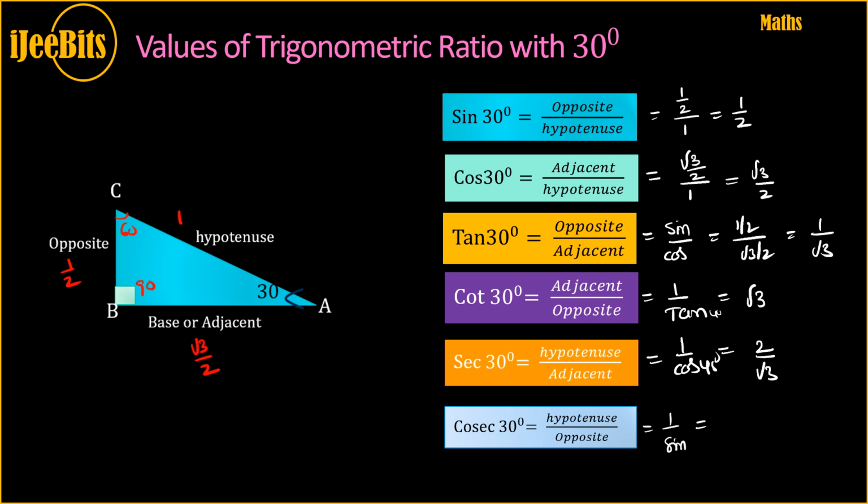So what is the sine value? This one, 1 by 2. So the reciprocal of 1 by 2 is your cosecant 30, so 2. This is how you can compute all 6 trigonometric ratios at a given angle 30 from this right angle triangle. Is it not easy? It's very easy to remember.